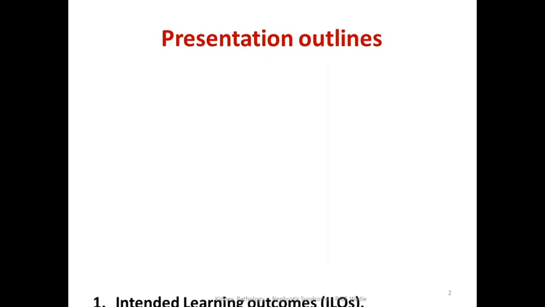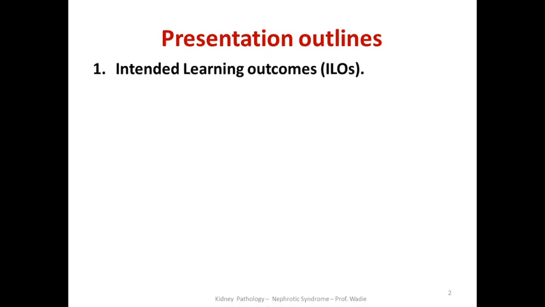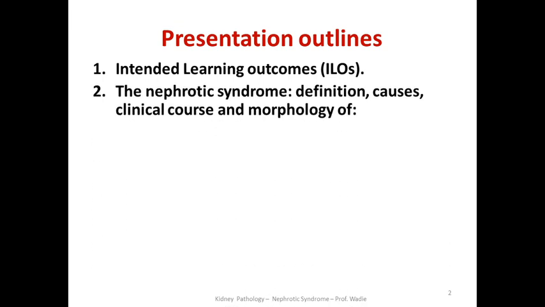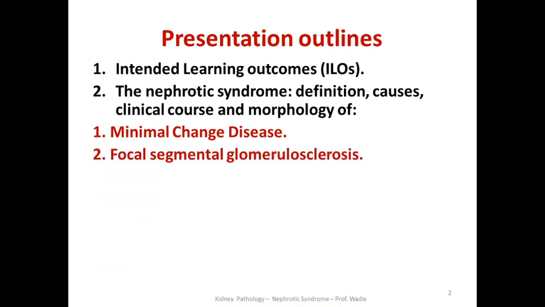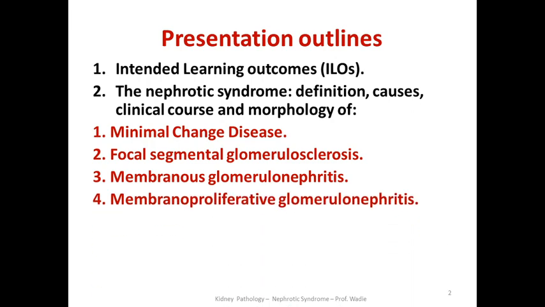The presentation outlines: number one, the intended learning outcomes. Then we are going to see the nephrotic syndrome definition, causes, clinical course, and morphology of the minimal change disease, the focal segmental glomerulosclerosis, membranous glomerulonephritis, and the membranoproliferative glomerulonephritis.